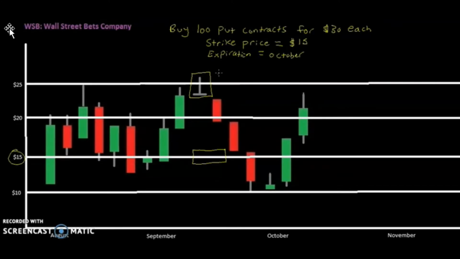Now let's change this scenario in terms of buying puts. Some technical analysis will apply here. You notice WSB is getting support around $15. This is your support level. This is the all-time high right now. The stock is around $25 and your support is $15 right here.